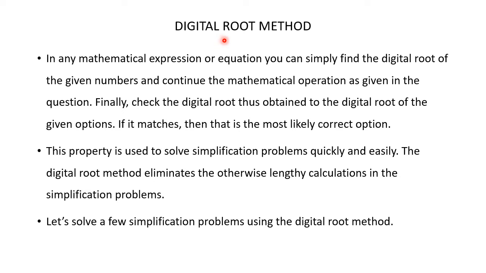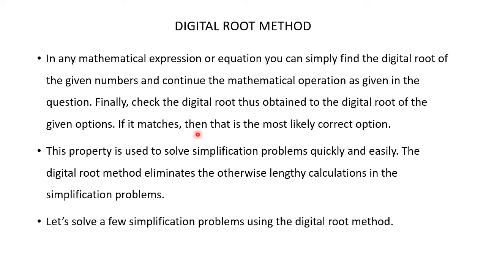Now let's understand how the digital root method works for solving a mathematical expression or equation. In any mathematical expression or equation, you can simply find the digital root of the given numbers and continue the mathematical operation as given in the question. Finally, check the digital root thus obtained to the digital root of the given options.